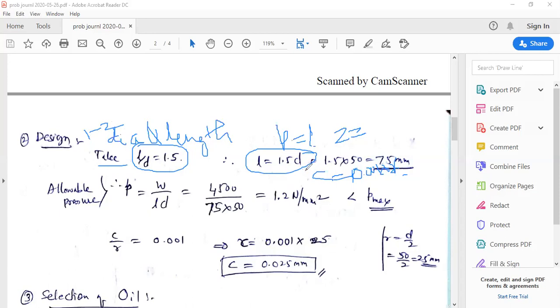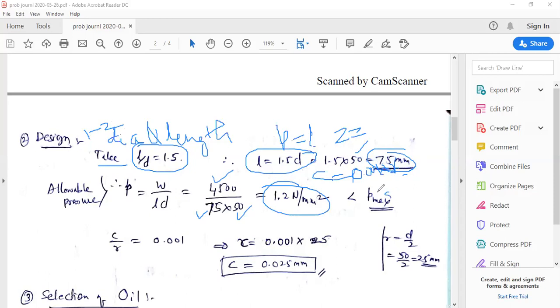So 1.5 into d, which is 50 mm, gives the length of the bearing as 75 mm. The pressure in the bearing, or allowable pressure, is W divided by L into D, or W divided by 2rL. So 4500, L is 75, and D is 50 mm. The pressure we get is 1.2 Newton per mm square.